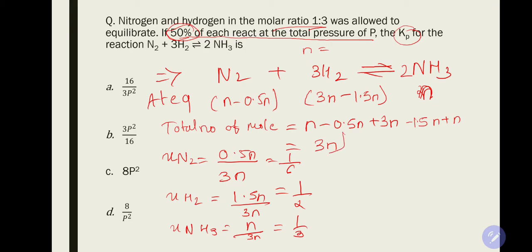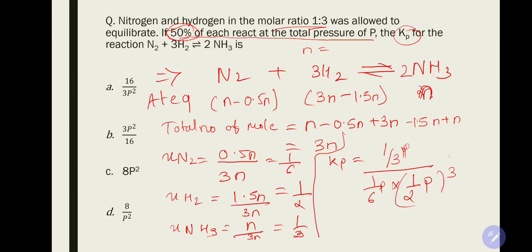Now substitute this into the formula of Kp, that is the partial pressure of the product upon the partial pressure of the reactants. Instead of writing the formula, I'll just substitute. NH3 is 1/3, so I can write it as 1/3 P, upon 1/6 P into 1/2 P, and here you have to take the cube because H2 is cubed, and the NH3 is squared.